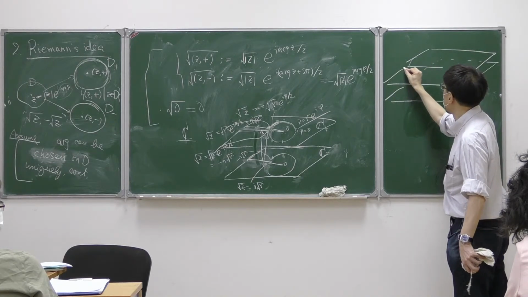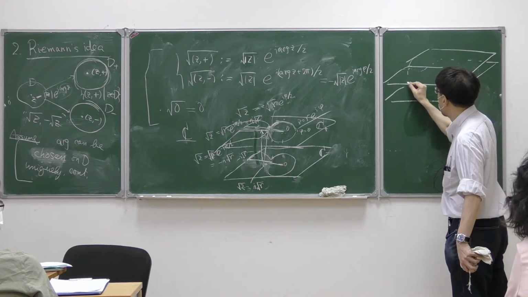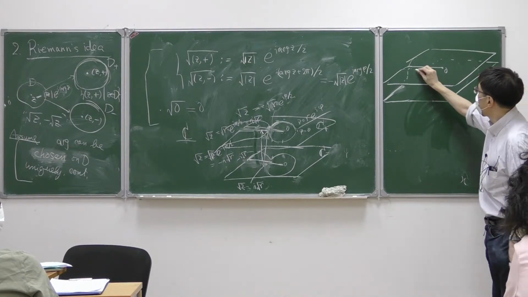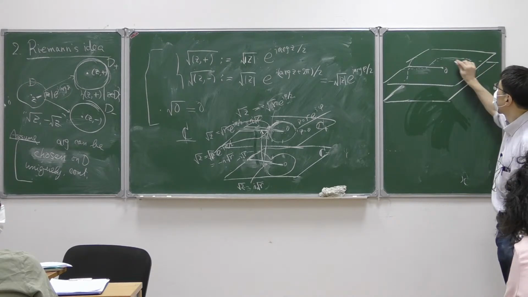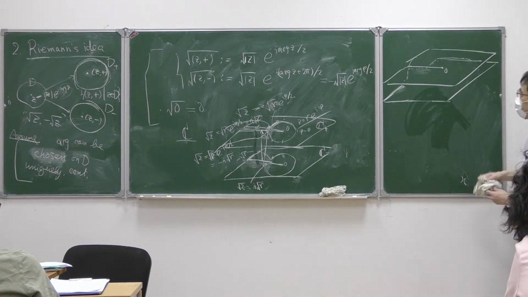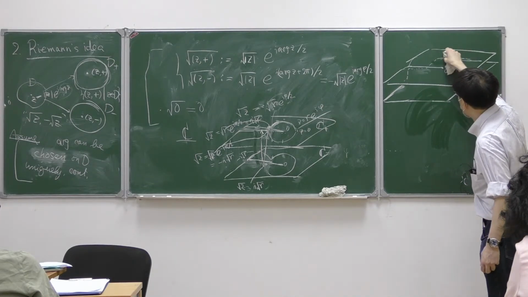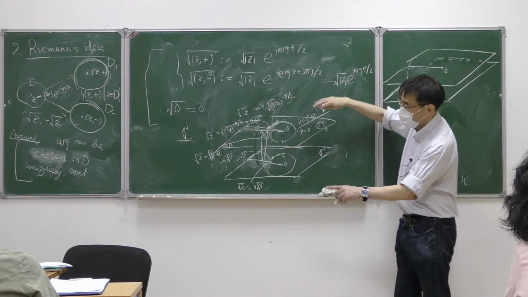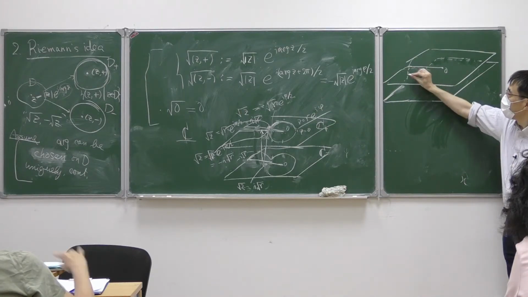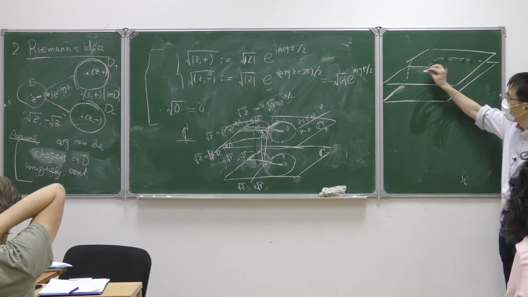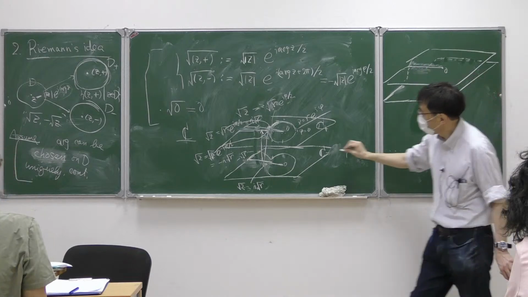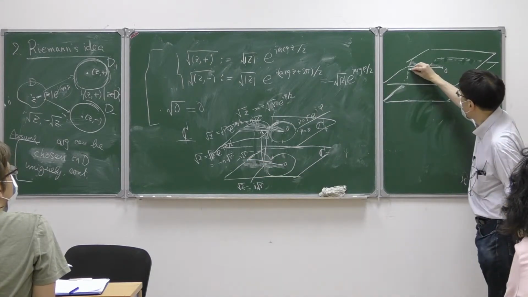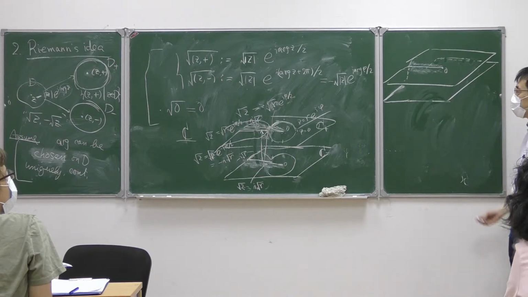So the resulting surface here is something like this. Probably it's not very easy to understand, but this part is here, and it is connected to this side.